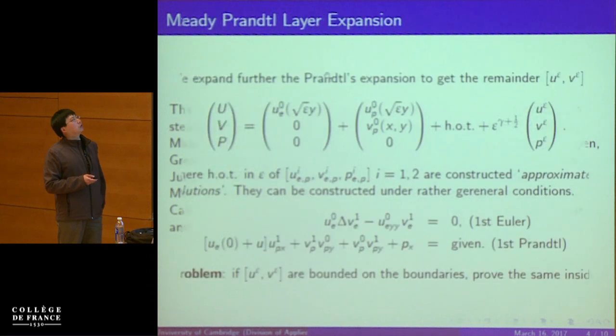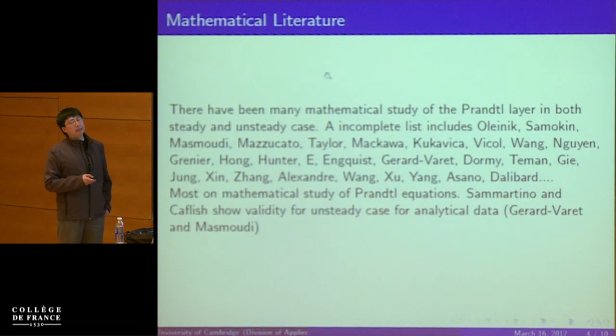So we want to study the steady case, because most of the literature in fluid mechanics is about the steady case. Even though unsteady is more important, for a flow, for instance, when we study the flow near an airplane, apart from takeoff and landing, most of the time you can still approximate the flow as a steady flow.